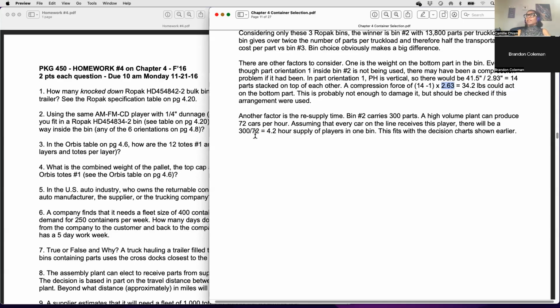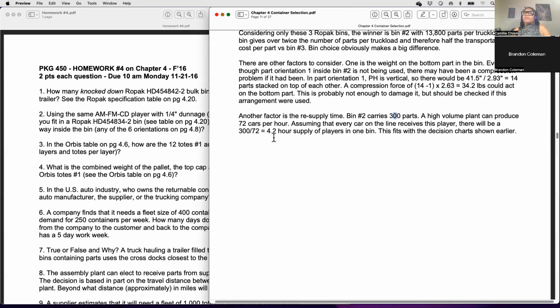And then another thing that I mentioned earlier is when you're having the routes and you're replenishing. So bin number 2, you can get 300 parts on there. So going back to that Rouge plant where they're doing, say 72 cars per hour, you're taking the 300 parts per bin, dividing it by 72 per hour.